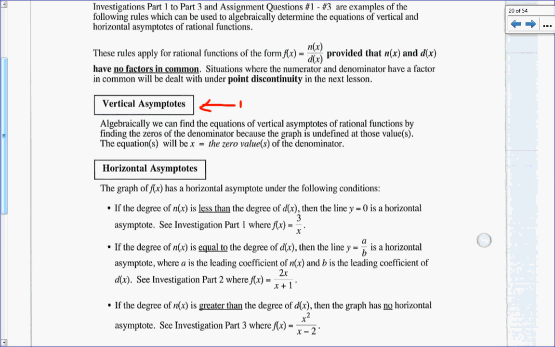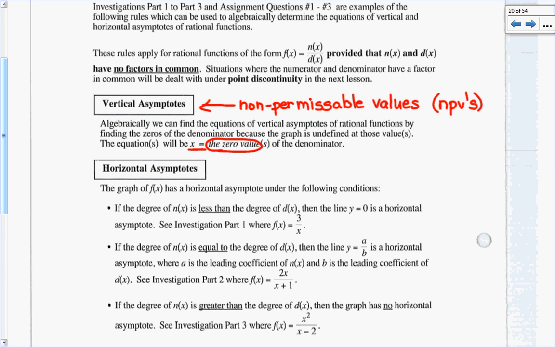So your vertical asymptotes, those are your non-permissible values. We shorten that quite often. We just say those are your NPVs. The equation is x equals whatever the value is that will make your denominator 0.